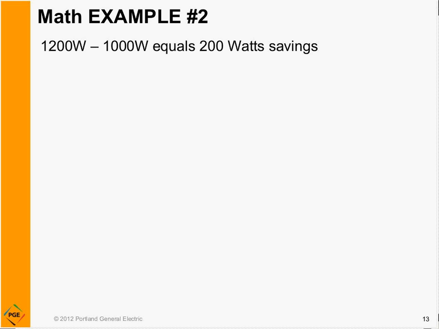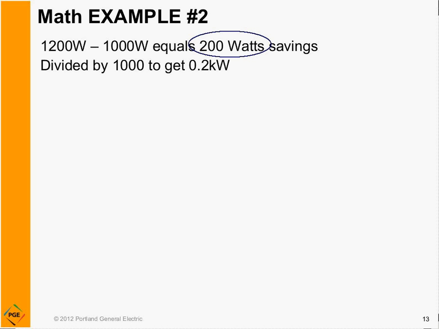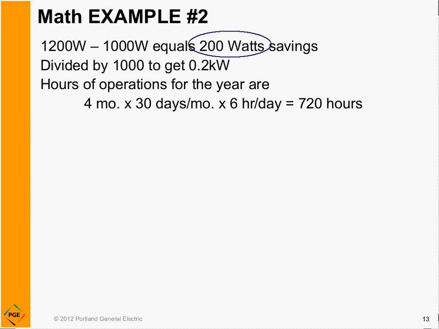In this case, what's the watts? Well, it's 1,200 watts minus the 1,000, so I'm going to save 200 watts, and I'm trying to calculate savings. So the first thing I need is the 200 watts. The next thing is, how do I get to kW? Divide by 1,000. The H is 4 months times 30 days times 6 hours.